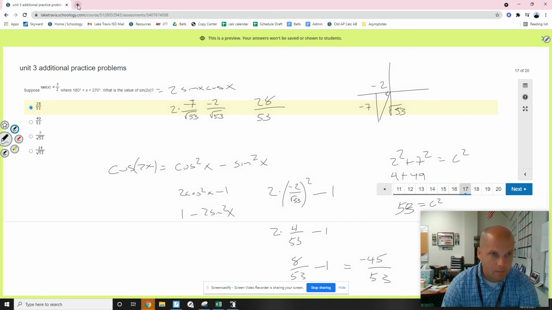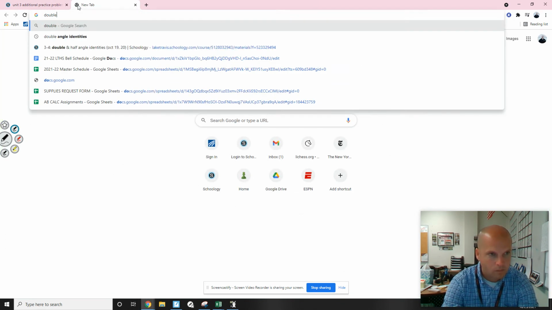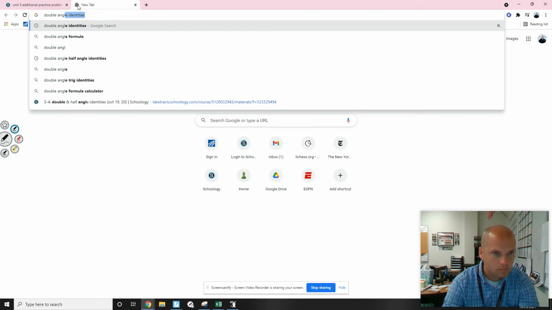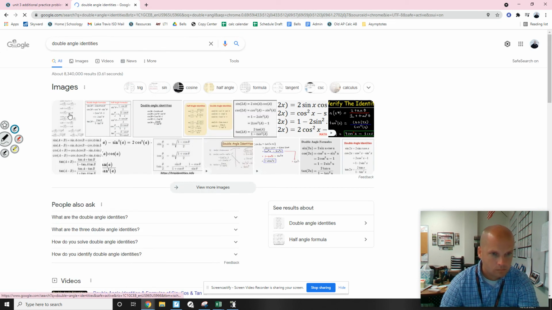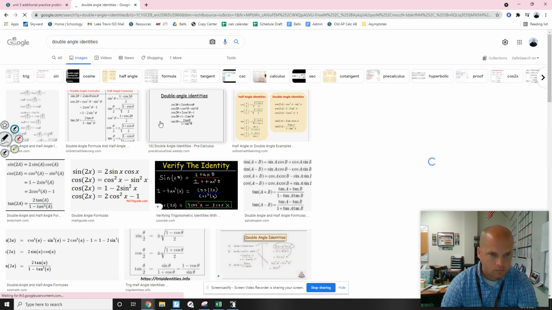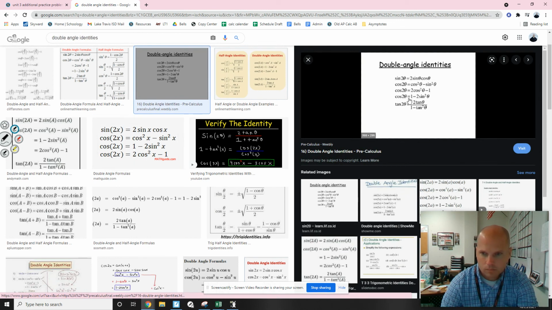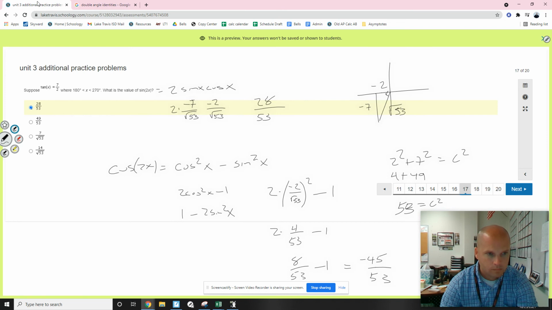Maybe my formula's wrong. Maybe this is the plus 1. No, 2 cos squared minus 1. All right, that's what it is.